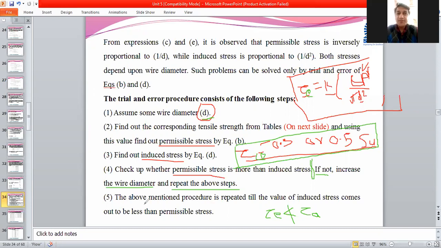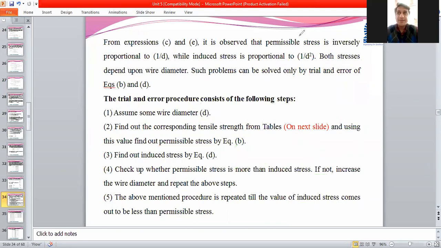The above mentioned procedure is repeated until the induced shear stress is less than the permissible shear stress. You have to repeat these steps again and again.